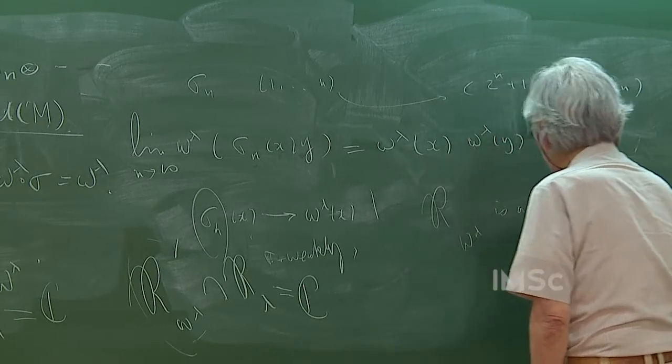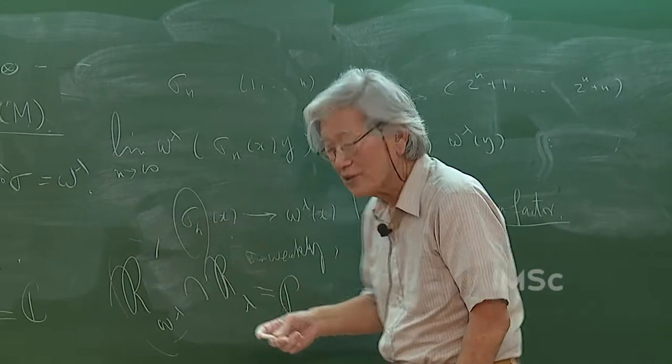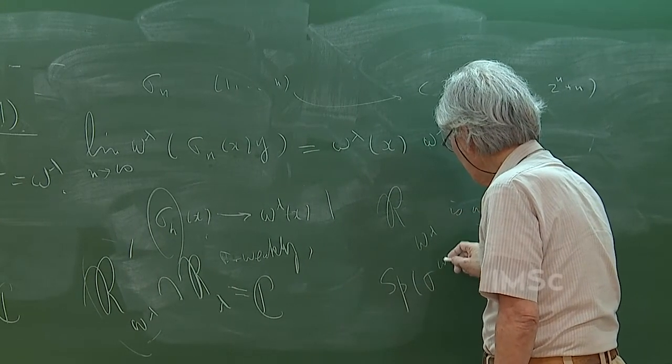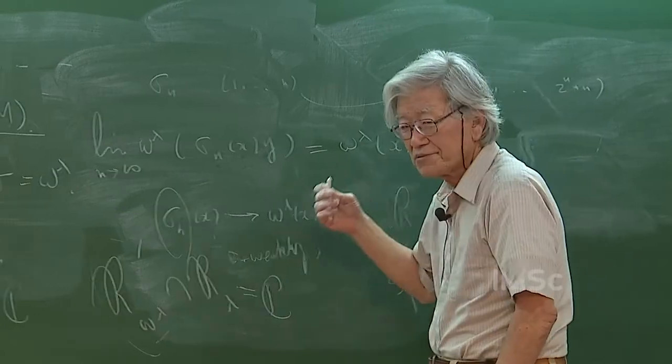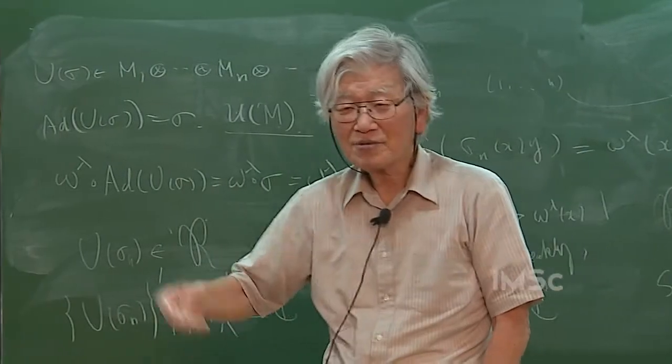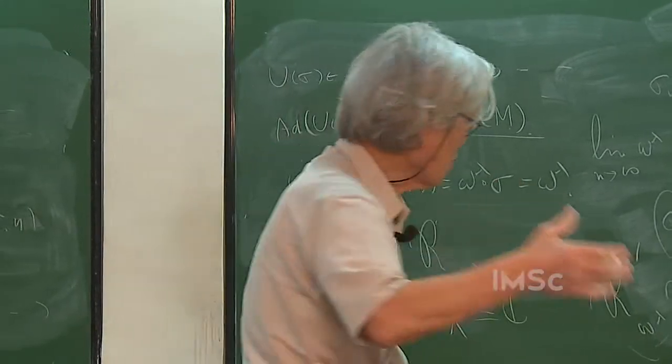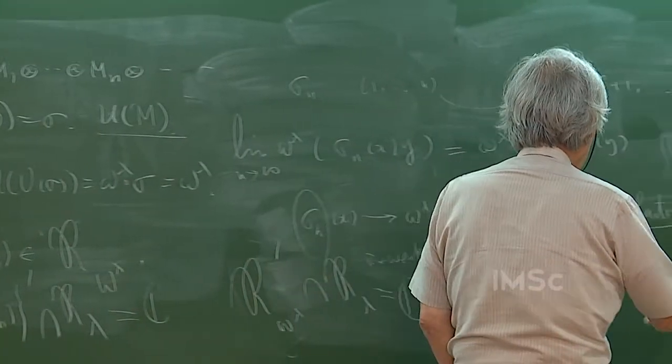So this is a factor. Then the spectrum of sigma omega lambda: nothing is cut down, right? There is no central projection of the centralizer. So this is gamma.